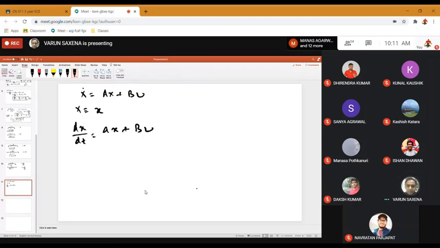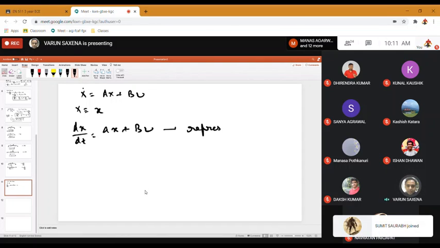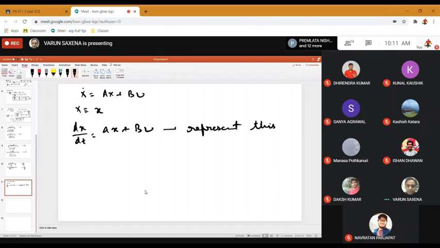Then I say, represent this using a block diagram. How will you do it?